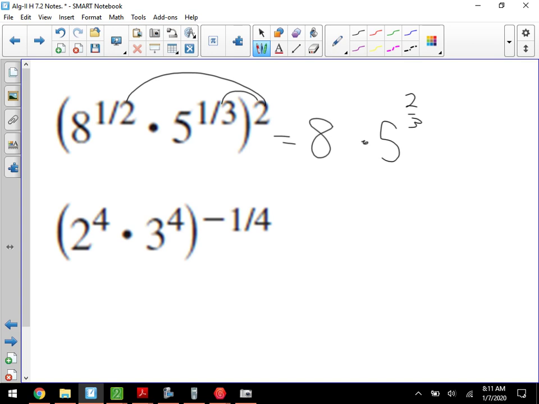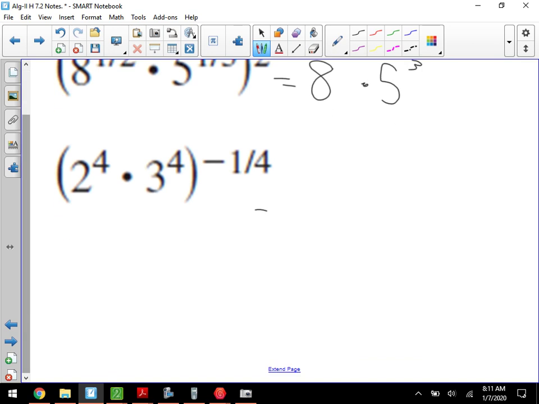The bottom one, you've got 2 to the 4th times 3 to the 4th, all to the negative 1/4. That means nothing's happening. So what should you do right away? Put a 1 over it. Correct. Automatically flip everything. I'll get 1 over.